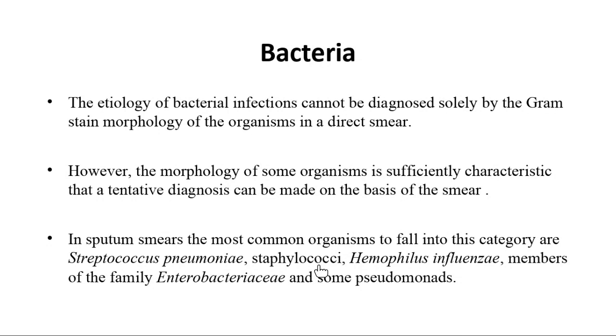When you find staphylococci, you just diagnose that you found staphylococci, but maybe they are Staphylococcus aureus or not. For this purpose you perform another test. If you find streptococci in chains, you can say we found streptococcus organisms, but whether they are pneumoniae or not, you perform another test.